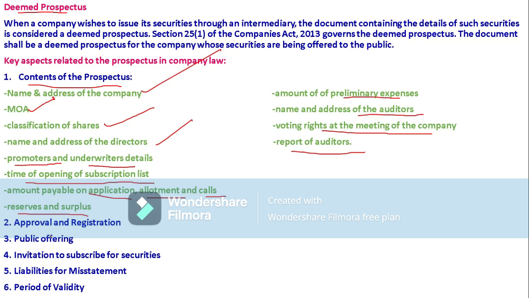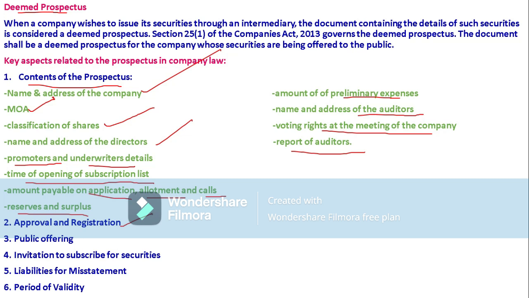So if we see the approval and registration: in many jurisdictions the prospectus must be approved by the regulatory authorities before it can be issued to the public. Whenever they are going for a public issue, they definitely have to be approved by regulatory authorities called ROC and SEBI. Without their authorization no company can go for a public issue.